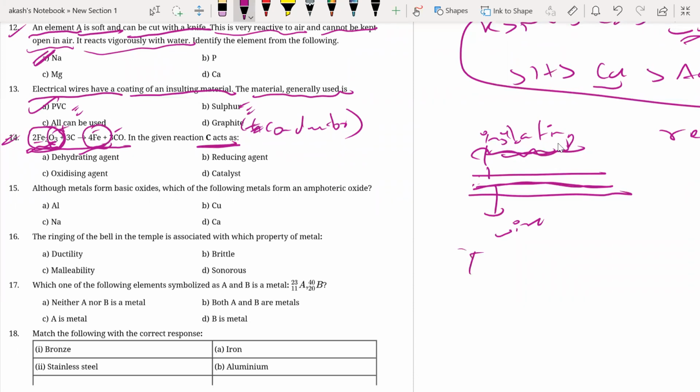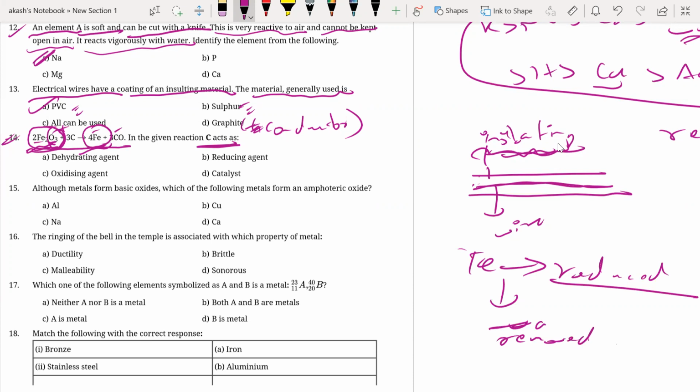So iron is reduced. Why? Because from iron I have removed oxygen. Fe2O3 becomes Fe. I have removed oxygen, so iron is reduced.